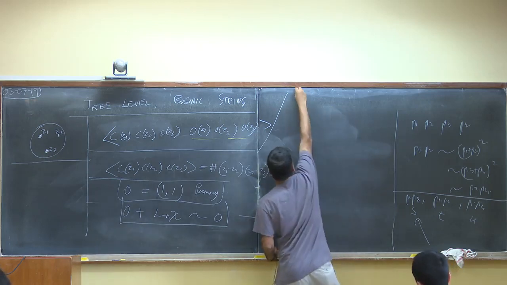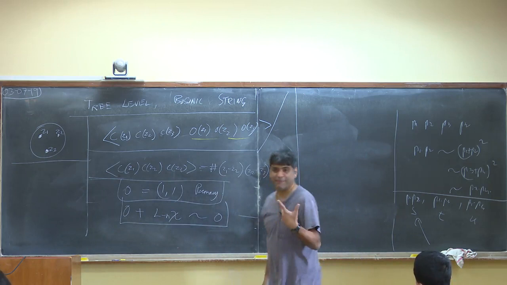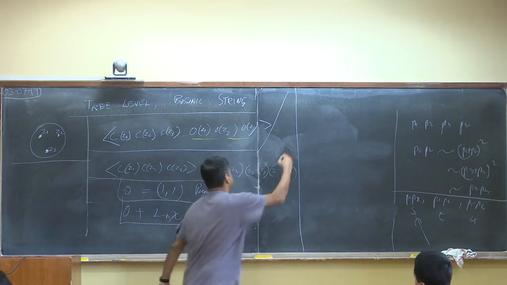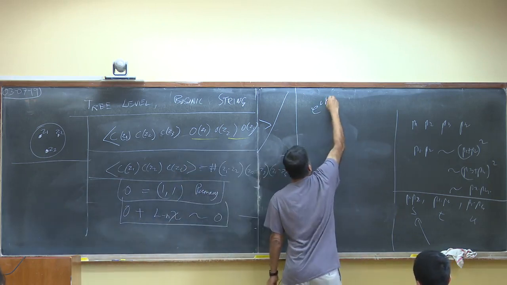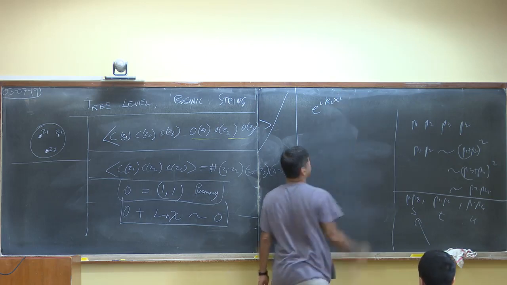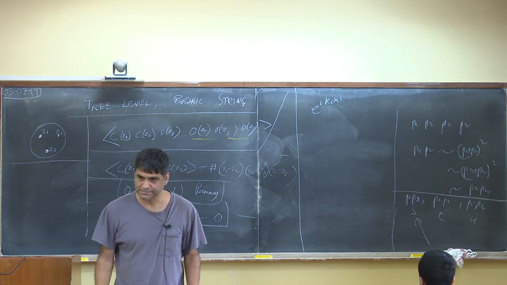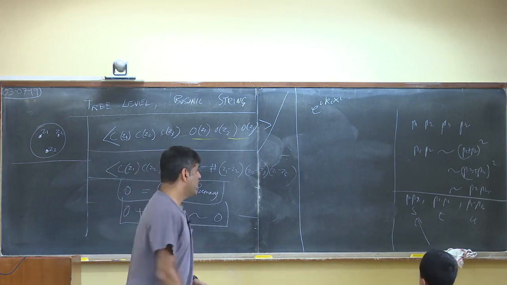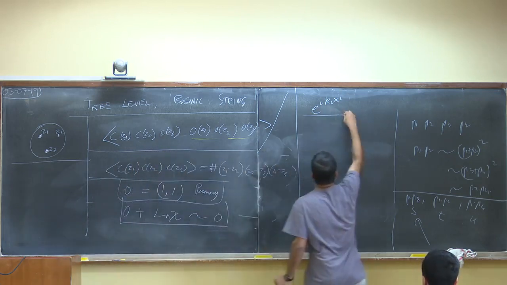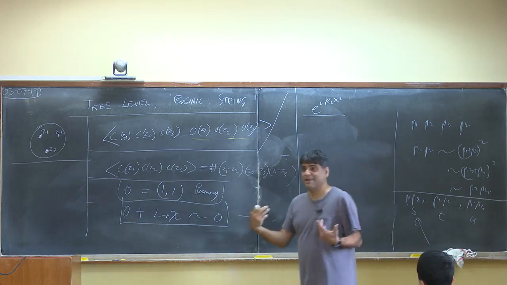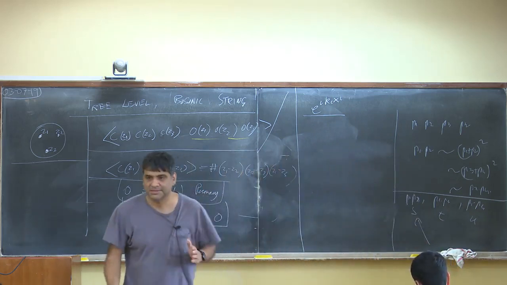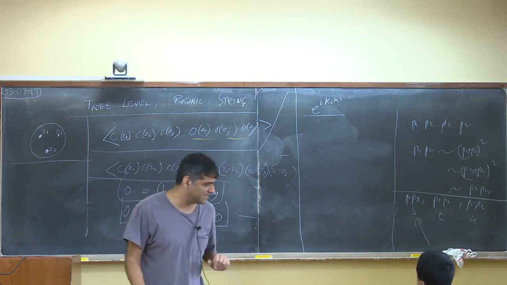Now these O's were made out of matter fields. All our O's were of the form e to the power i k·x times something. Why e to the power i k·x? Well, firstly, it's a primary operator by itself.